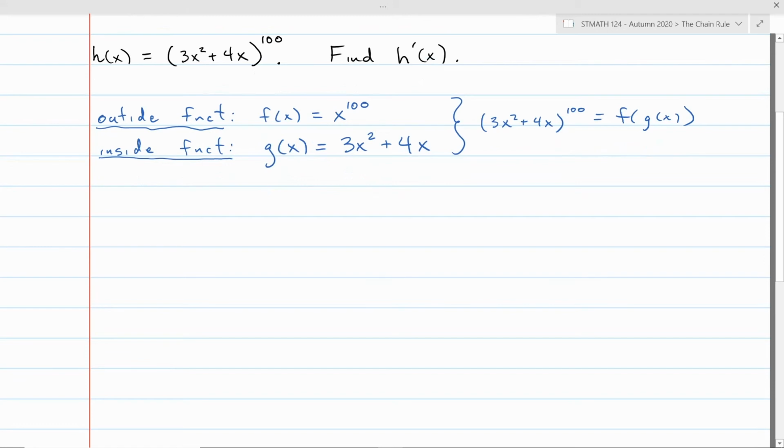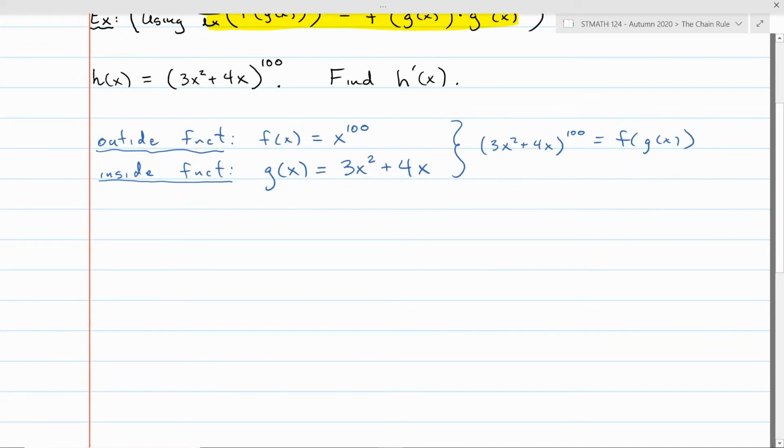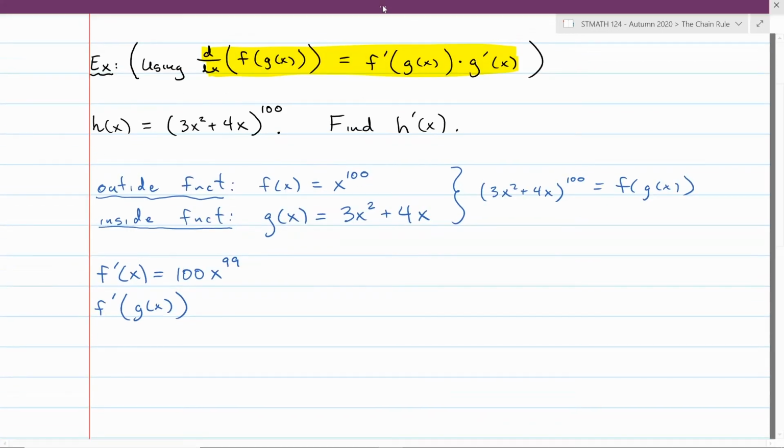Now the chain rule says you need to know how to differentiate both the inside function and the outside function separately. Well, what is f prime of x? That's easy. f prime of x is just 100 times x to the 99th using the power rule. And from that, we can obtain what f prime of g of x is. We need that in the formula for the chain rule up there. Let me underline it in red here.